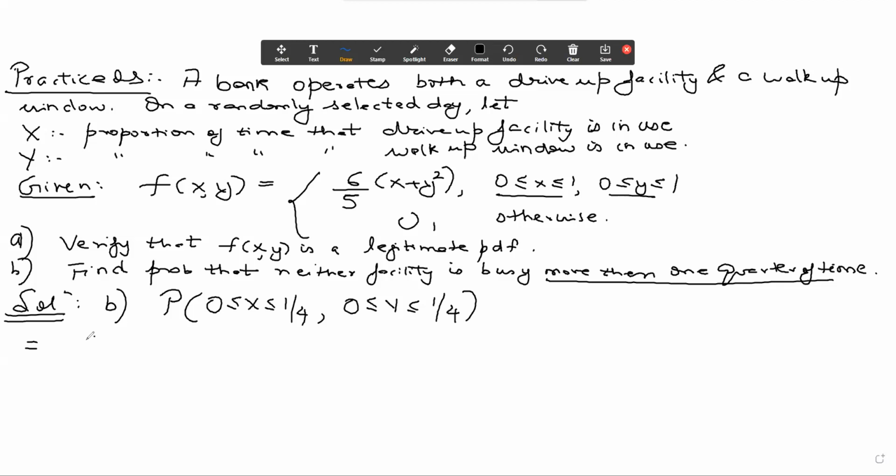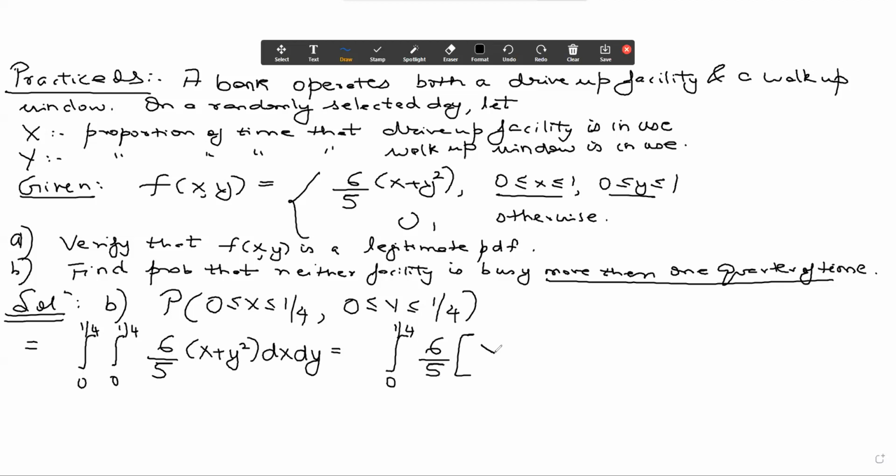So this will be integral 0 to 1/4, integral 0 to 1/4, 6/5 (x plus y square) dx dy. I will now have only one integration sign. I'll integrate this with respect to y first. This becomes xy plus y cube by 3. I will run this from 0 to 1/4.